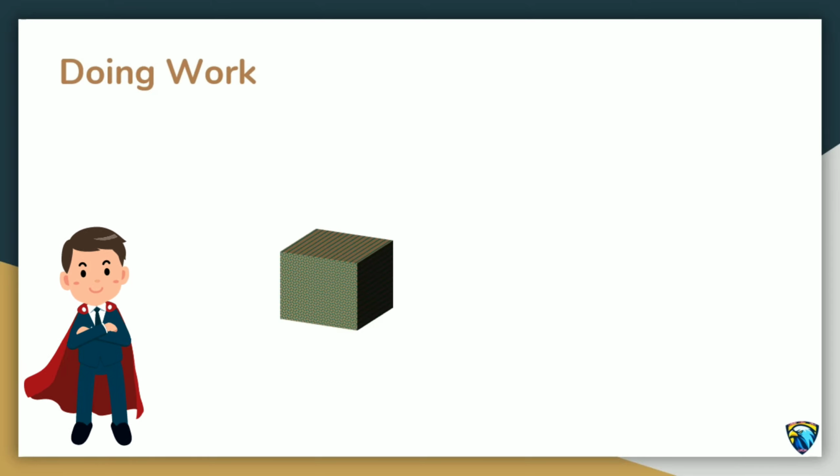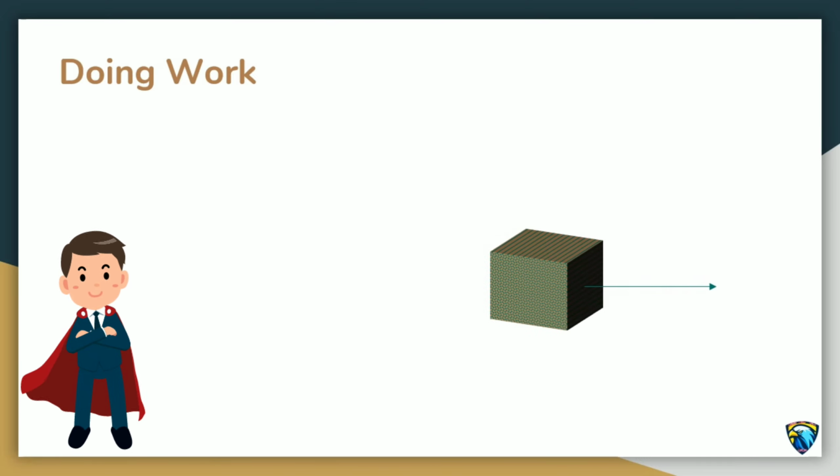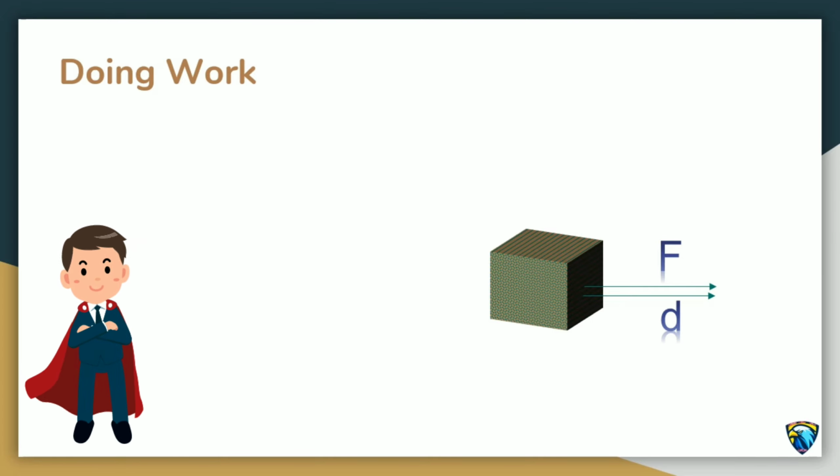Here we have a wooden block. So if I pull a block like this, I'm doing work. As you can see, force and displacement are in the same direction here. Now an interesting question. Is it possible that force and displacement are not in the same direction? What do you think?